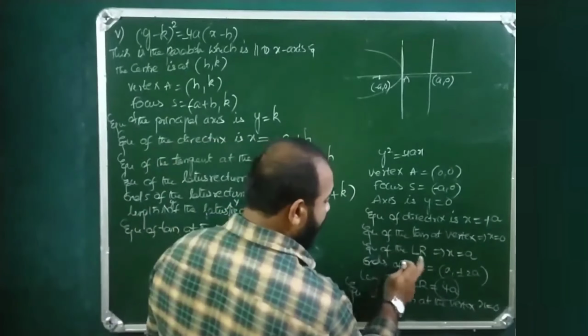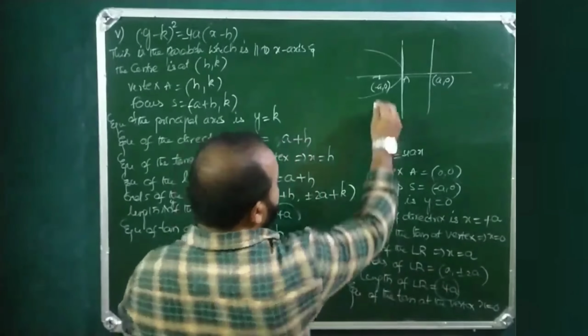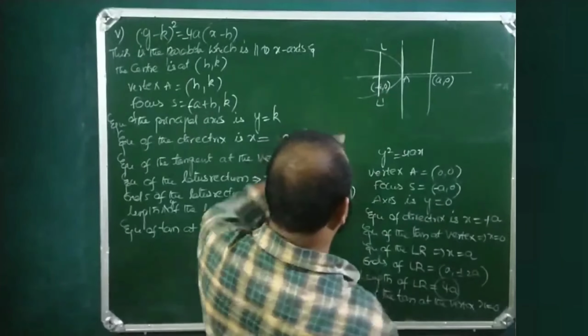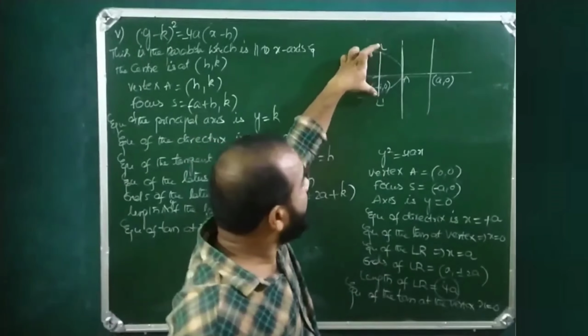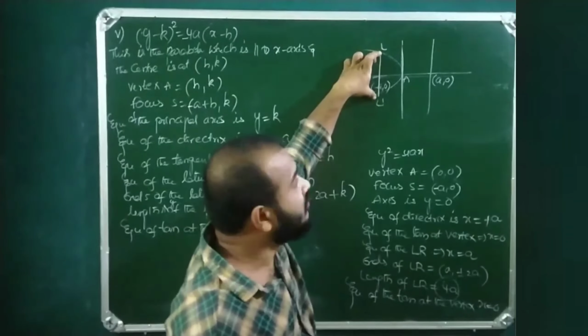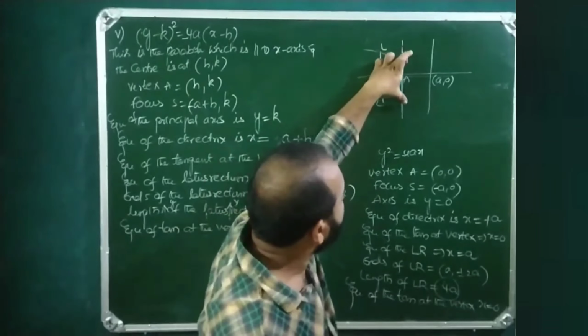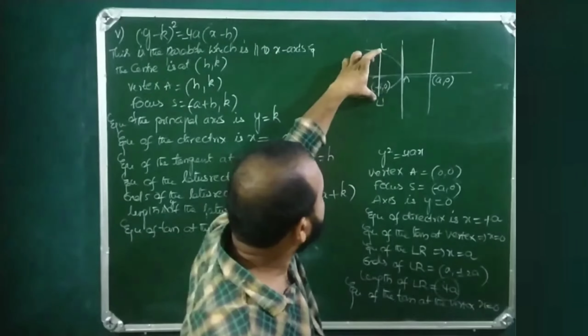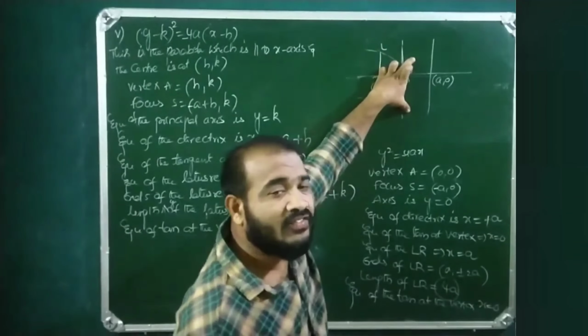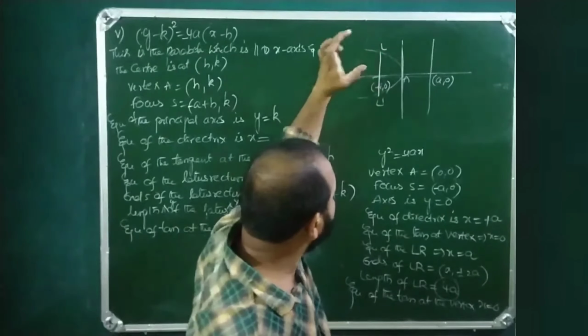Next, the equation of the latus rectum, x equals to a. So this is the latus rectum, right? This is L dash. So this is the equation of the latus rectum. This latus rectum is the line. That line is parallel to what? Y axis. Which is of the form x equals to something. So x is equals to how much?